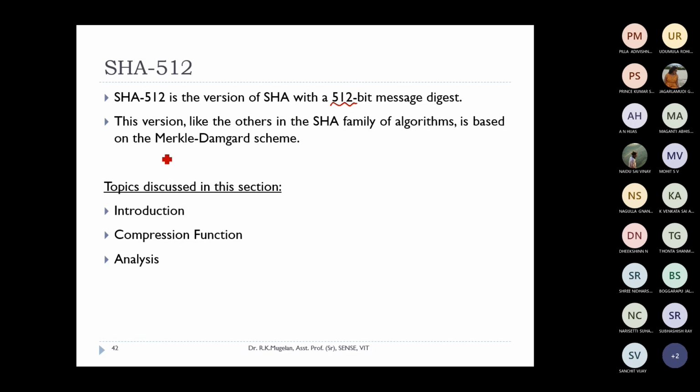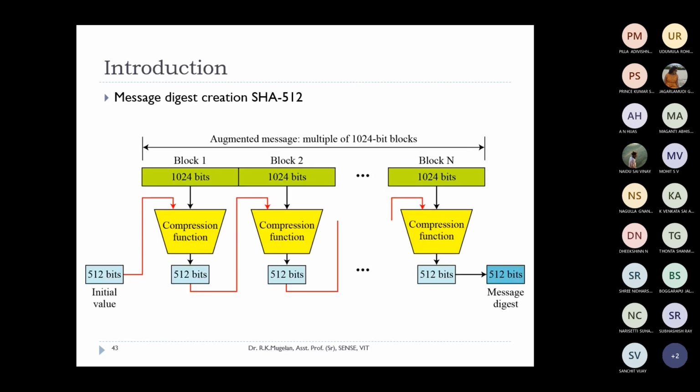And this algorithm is also going to follow the Merkle-Damgard scheme. You see how this is going to operate. Here we have the entire message length, which after padding and other steps should come to a multiple of 1024 bits, because the basic building block of each message block is made up of 1024 bits.